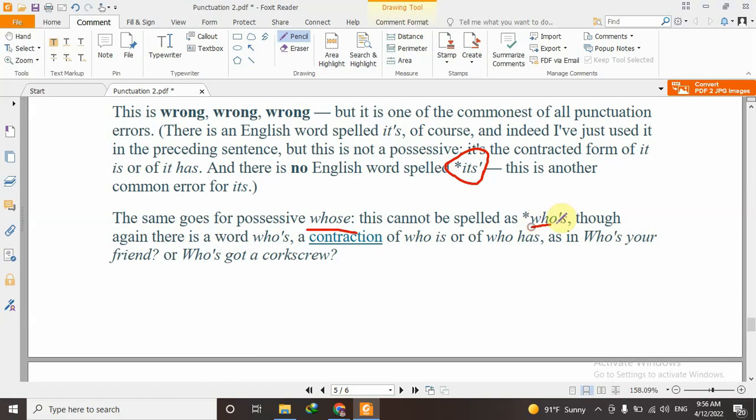This cannot be spelled as who's. Sometimes they write it like this, which is wrong. Why? Because there is another word, who's, which comes from who is. Who's is a contraction of who is or who has. It can be who is, and it can be who has.